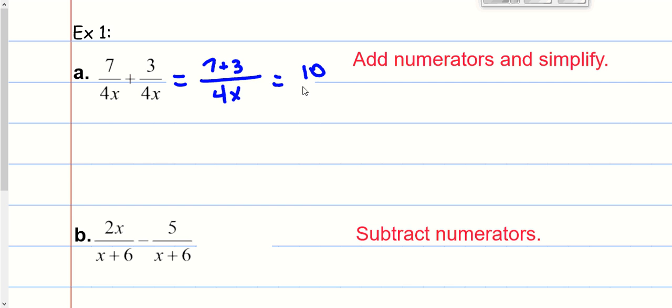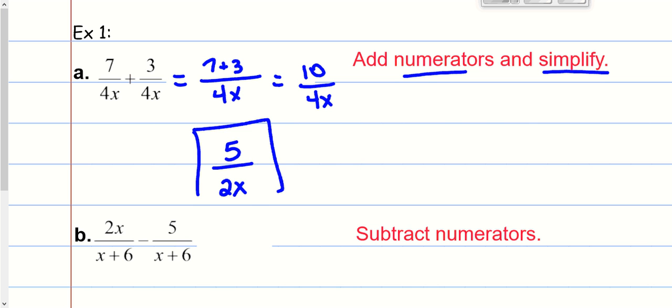So we have 10 over 4x. Now it said add the numerators. We've done that. And simplify. So if I have 10 over 4x, both 10 and 4 are even numbers. They can simplify down. So if I divide them both by 2, I will end up with 5 over 2x. And that is my answer.